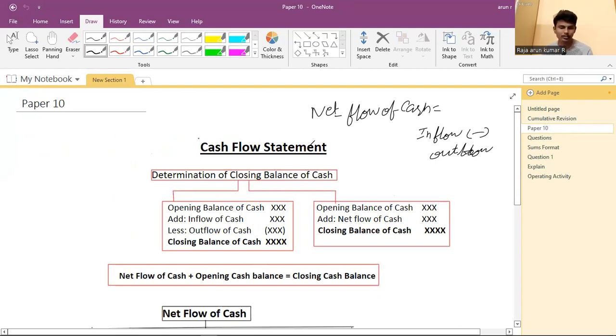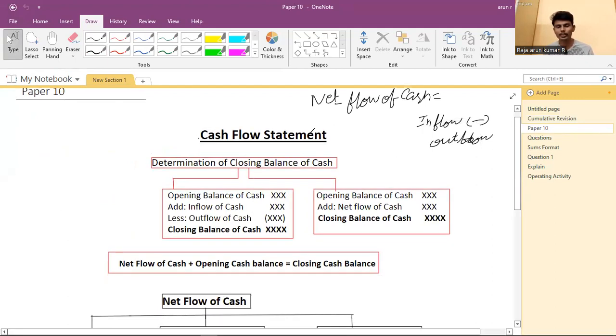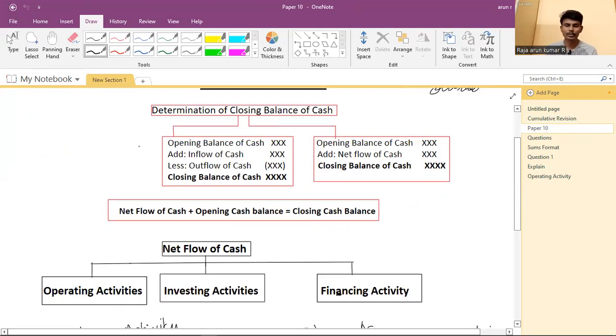In the cash flow statement, we determine the closing balance of cash. How to determine the closing balance of cash? There are two methods. The first method is opening balance of cash, add the inflow, less the outflow. It will derive the closing balance of cash.